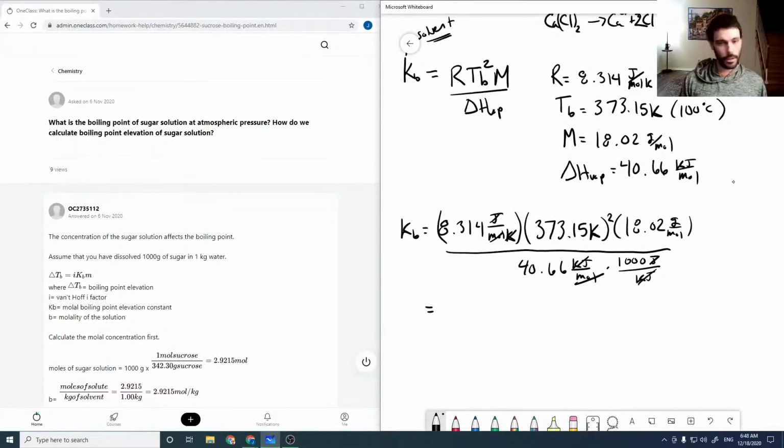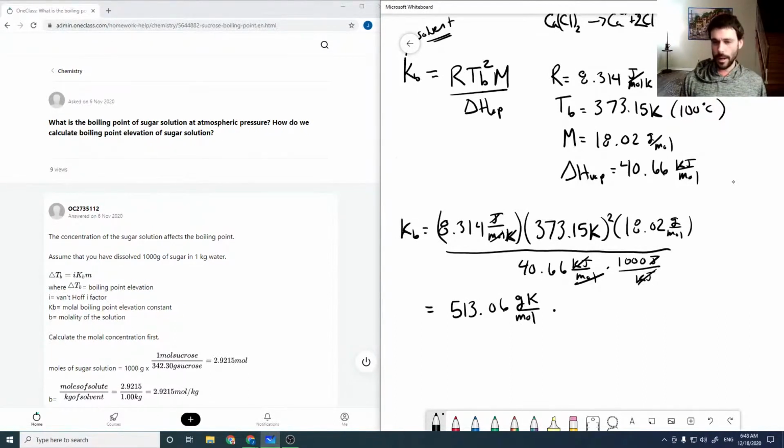So if we run this through on our calculator, we get 513.06 gram Kelvin per mole. So the Kelvin will be on top.